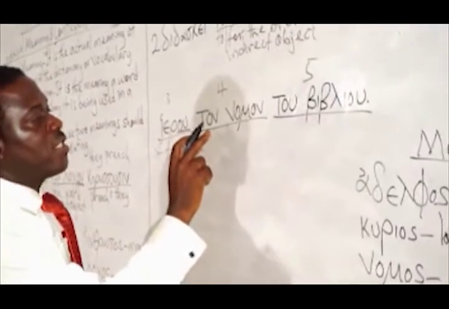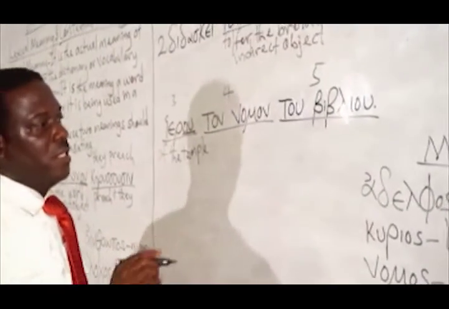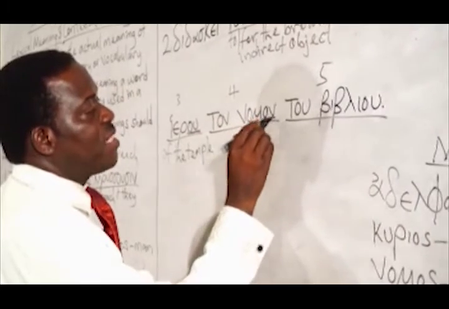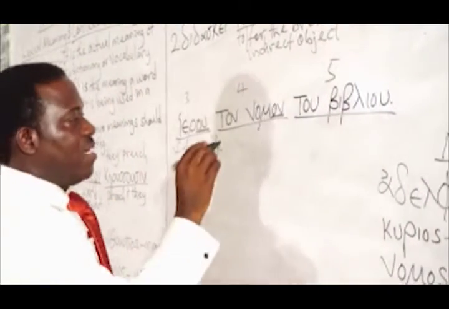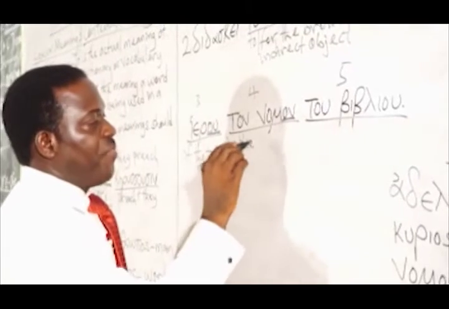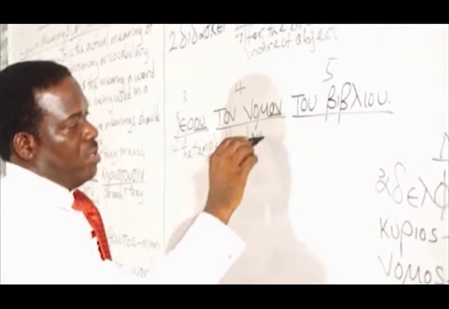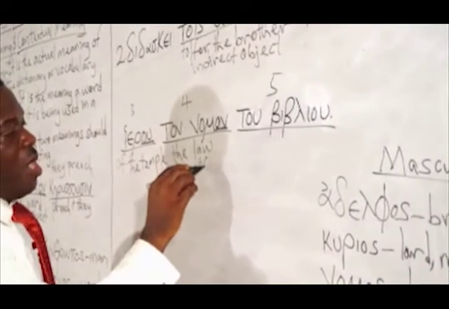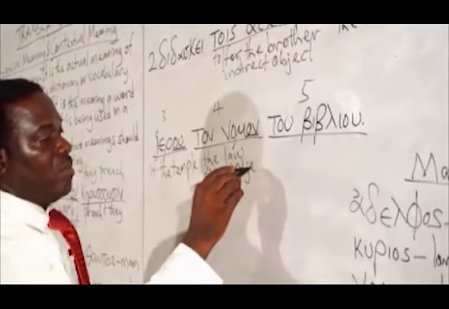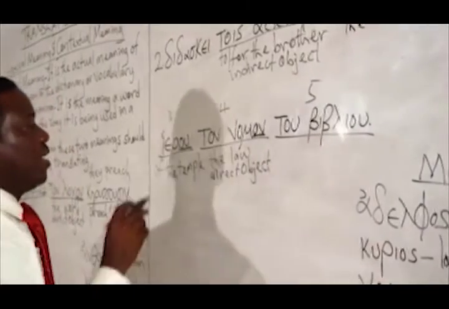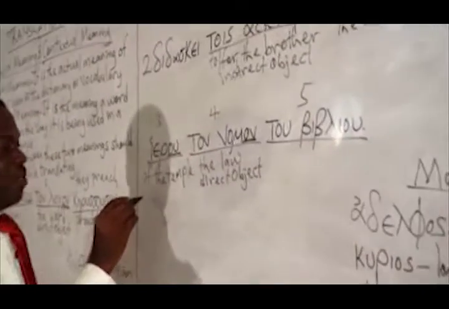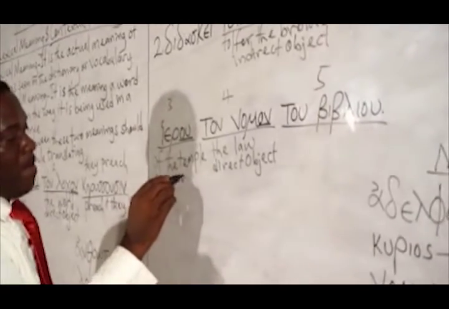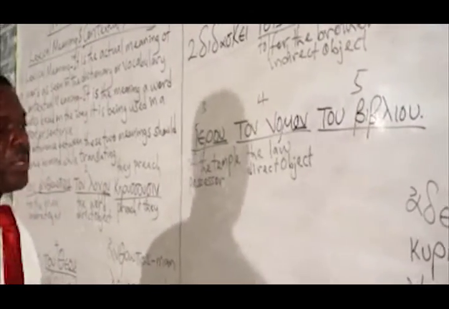Then the next one is ton nomon. The ending is accusative singular. Accusative singular with the article, we have the law, which is the direct object.